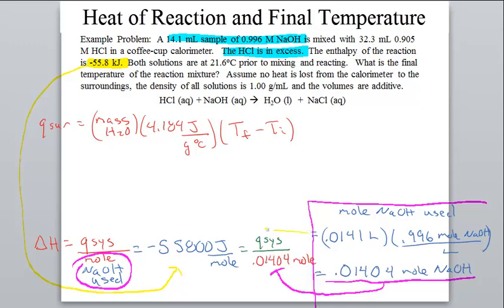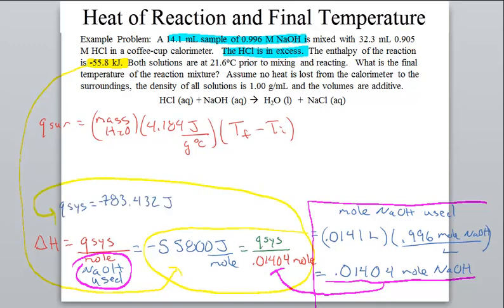So taking this equation and solving for it, when 0.014 moles of sodium hydroxide reacts, 783.432 joules worth of energy flows from the system to the surrounding water molecules.